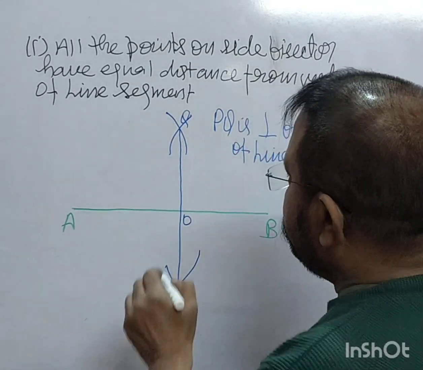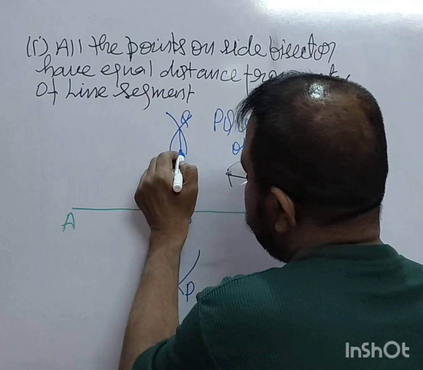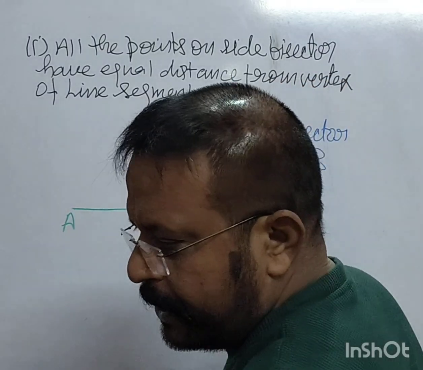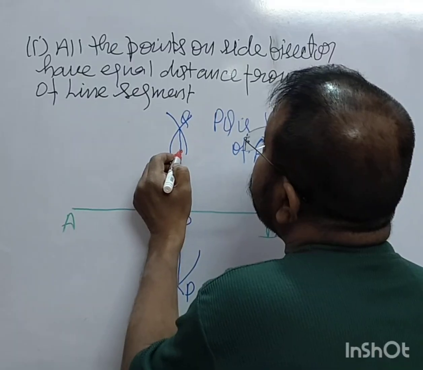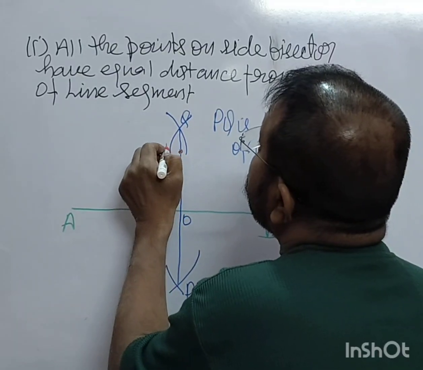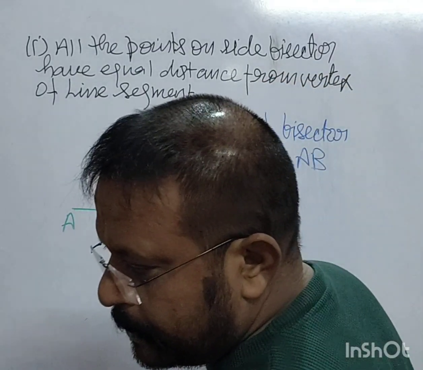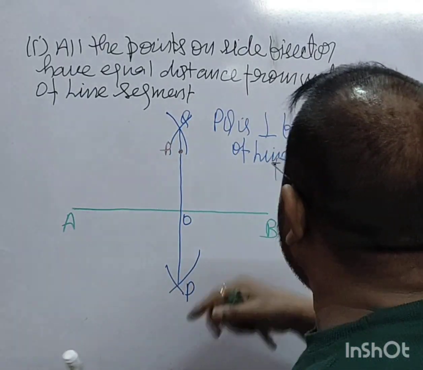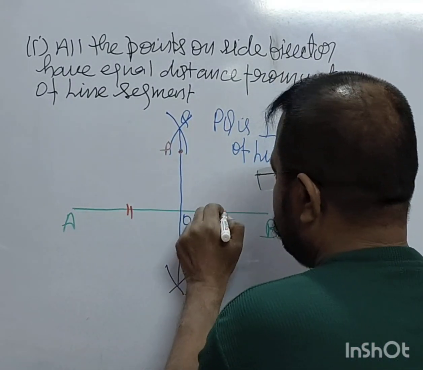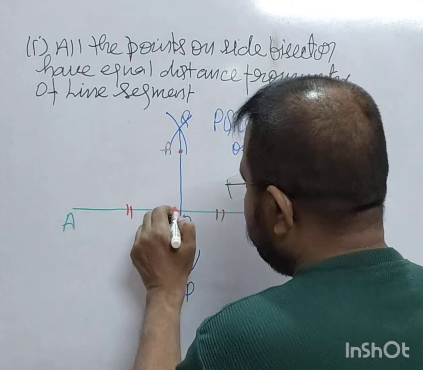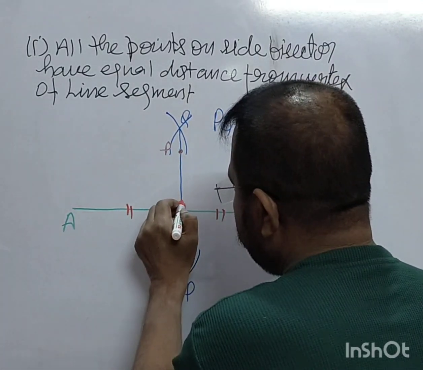There is a point P. So it is a perpendicular bisector, so they are equal. This angle is 90 degrees.